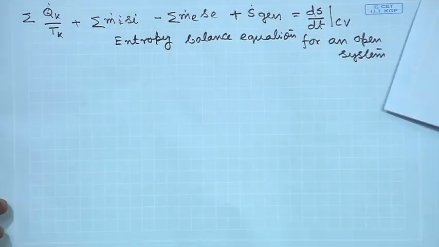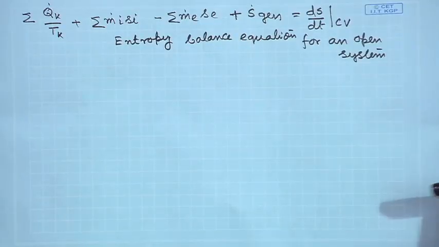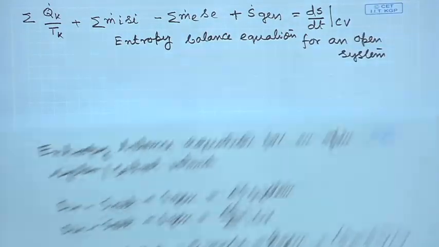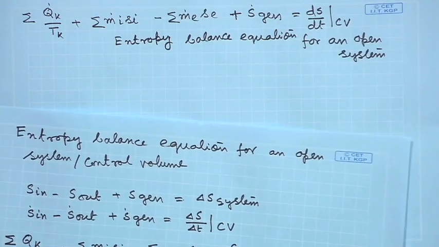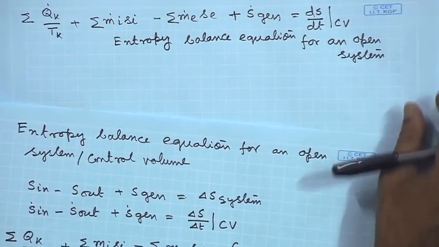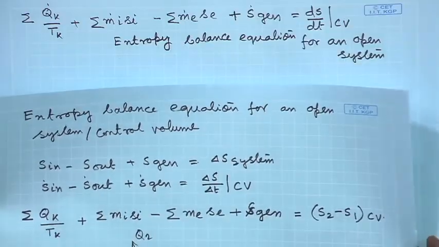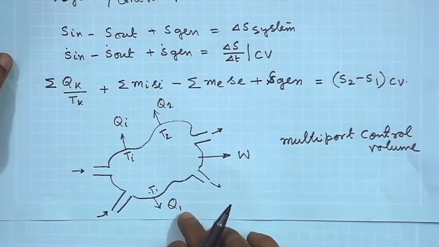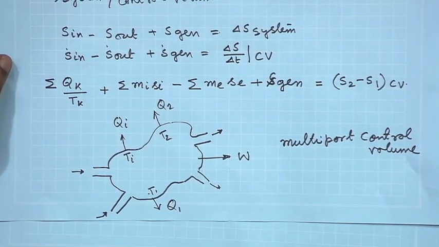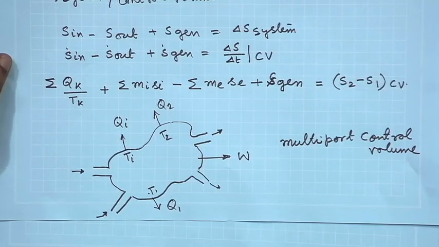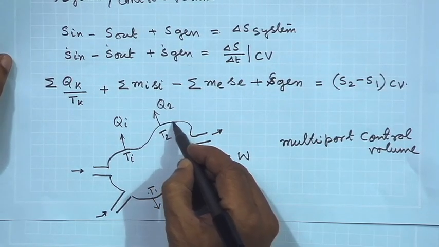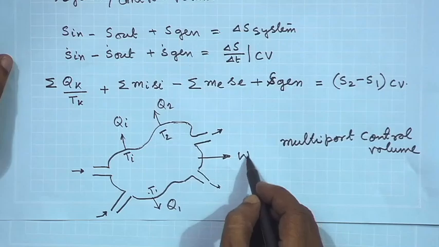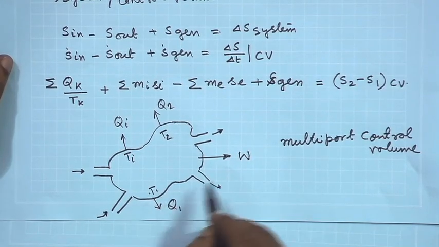In our entropy balance equation, all the relevant things which I have drawn have been put here, but you can see that there is no contribution of the work transfer term. This is important, you have to keep in mind that due to transfer of work, there is no change in entropy. Its implication we will understand later on.